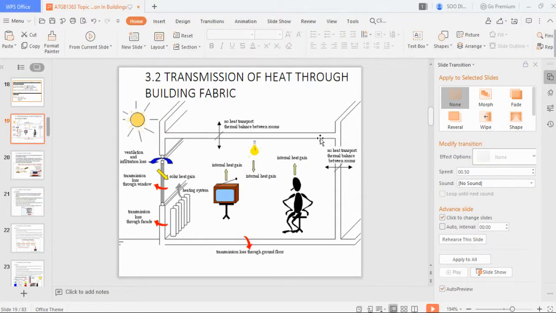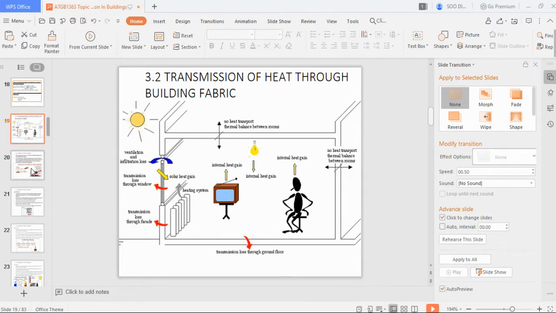So that's why you need to learn a bit about the transmission of heat through the building fabric. When we are in a room and want to be comfortable, we need to ensure that not too much heat is escaping out of our enclosed area into the environment. So we want sufficient insulation to ensure this heat is trapped inside our room.